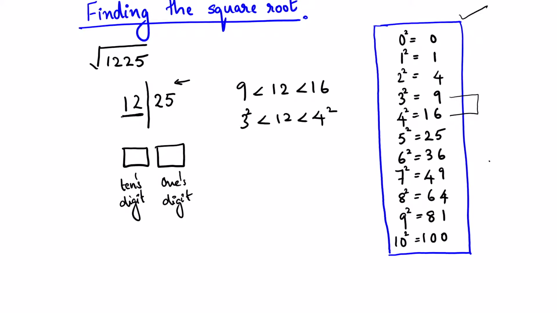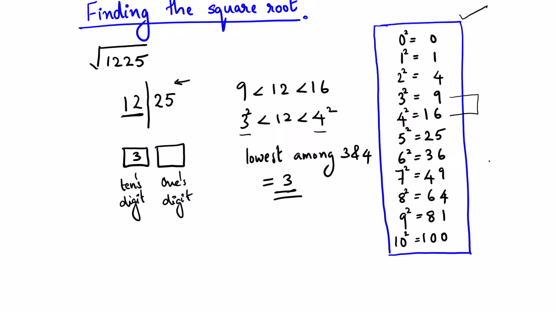So it is in between 3 square and 4 square. Now the tens digit will always be the lowest among these numbers. The lowest among 3 and 4 is 3. So the tens digit is 3. So you got the tens digit.